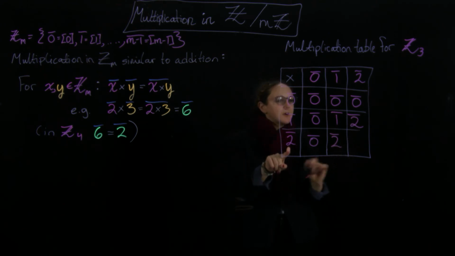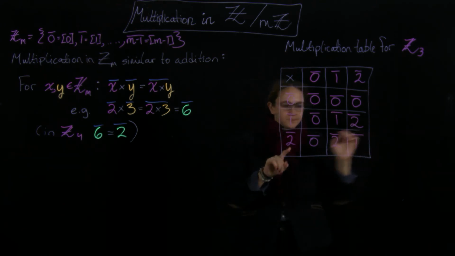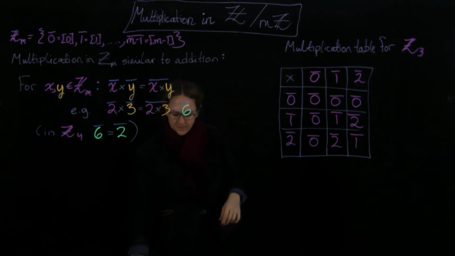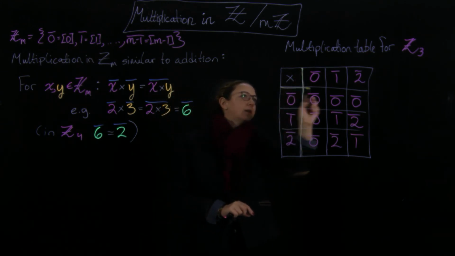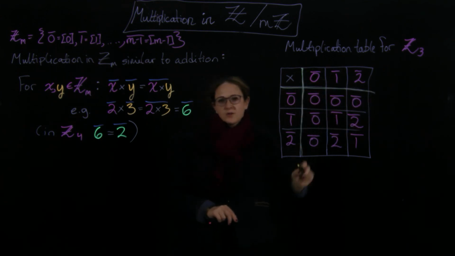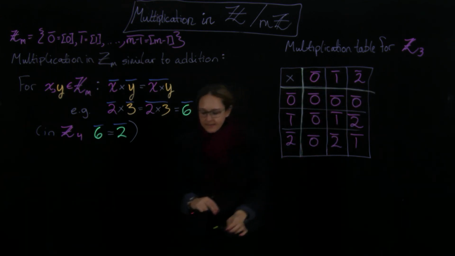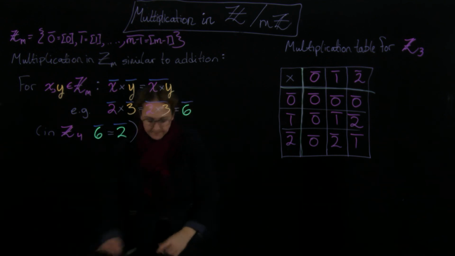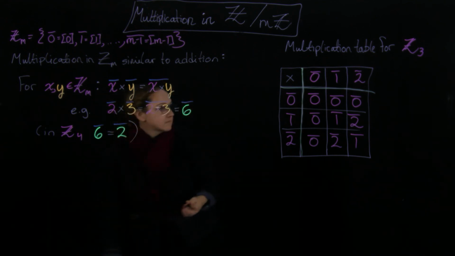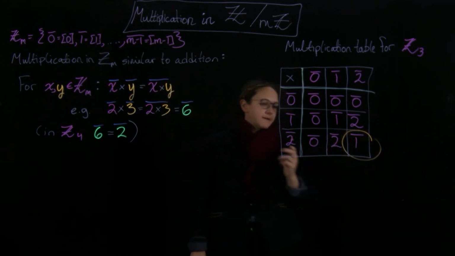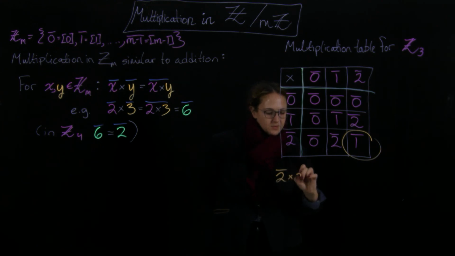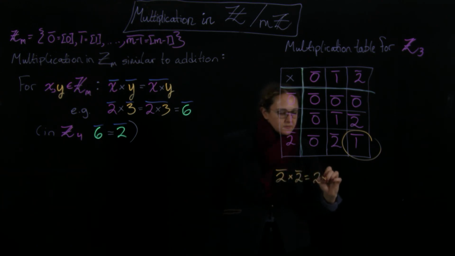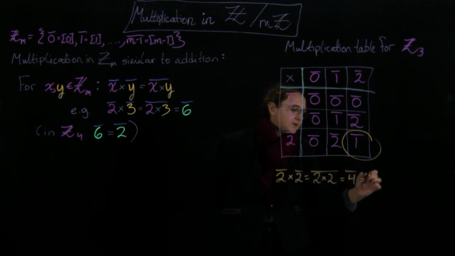So we want to write 4, but that's actually 1. I want to put an extra line here and here so that you can see what we're multiplying. So what's happening with this particular one? 2 bar times 2 bar is going to equal 2 times 2 bar, which is 4 bar, which is equal to 1 bar.